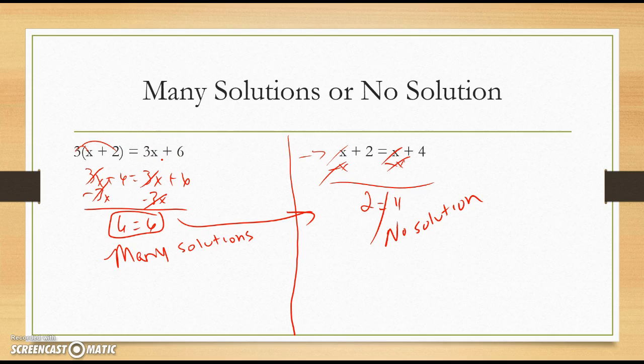I will get the same solution on both sides. So I could pick 6, and I'd get the same thing. Try it. Plug a couple different numbers in and make sure you get the same on both sides of the equal sign. Here, no solution means whatever I plug in for x, it wouldn't work out on either side. No matter what number I plugged in, it would never work out. Try that if you'd like to.